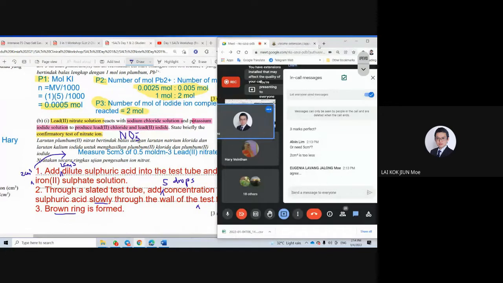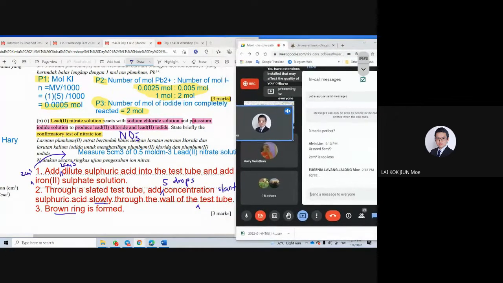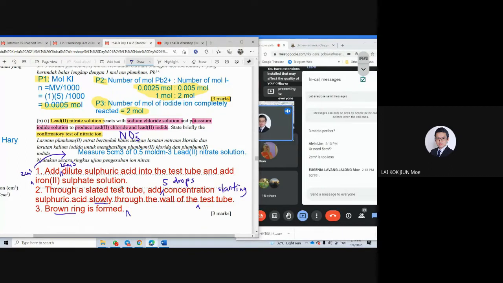If can, the final answer can modify a bit. Brown ring is formed so that what? Show what? Prove that what? Because your experiment is to testing what? So if can, make sure your answer is complete with the last sentence.